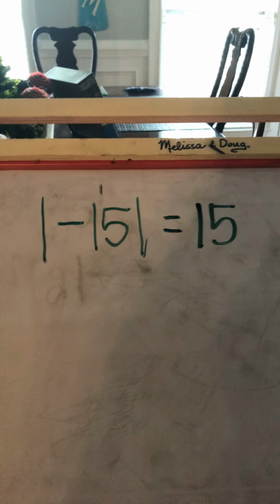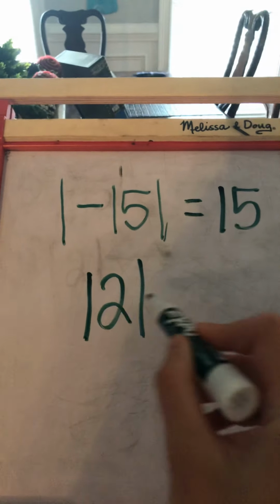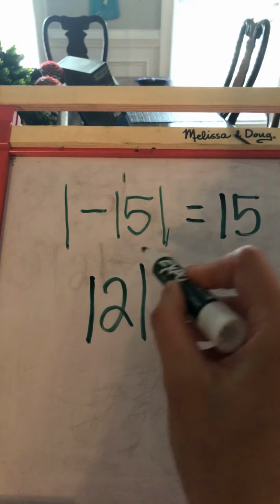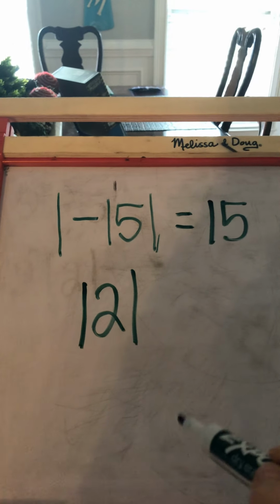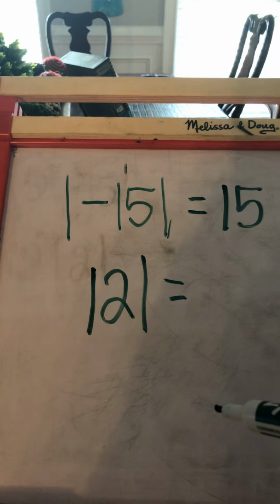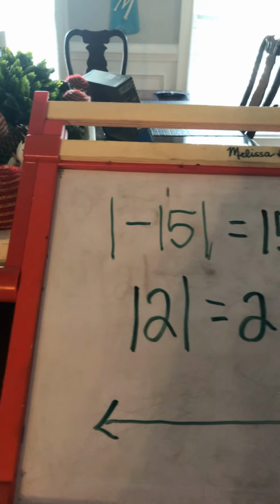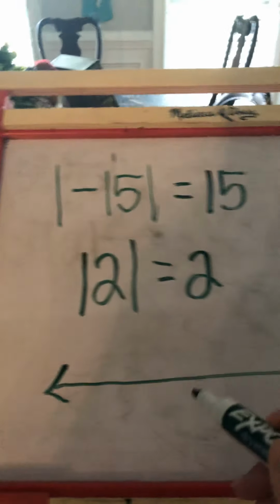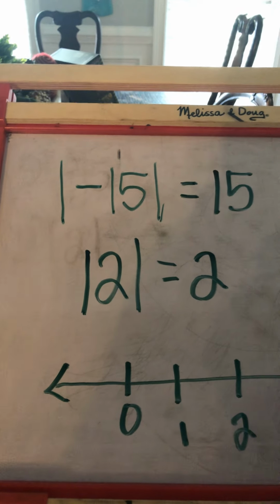All right, let's do another one. If I was going to ask you the absolute value, so see our two vertical lines here, the absolute value of 2. Well, the distance away from 0 on a number line would be 2, right? And we can look, like if I have my number line right here and I have 0, 1, 2, 3.